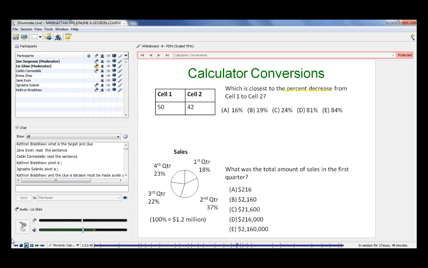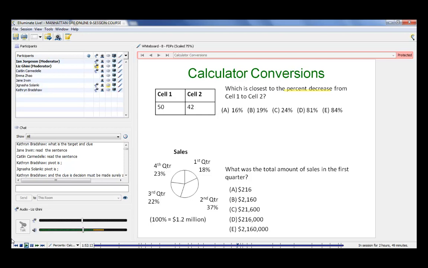What is a percent decrease? Think about it, guys. Come on, everybody answer. Okay, some people are posting. That's great. Change over original. That's the formula. What are the numbers, Emma?